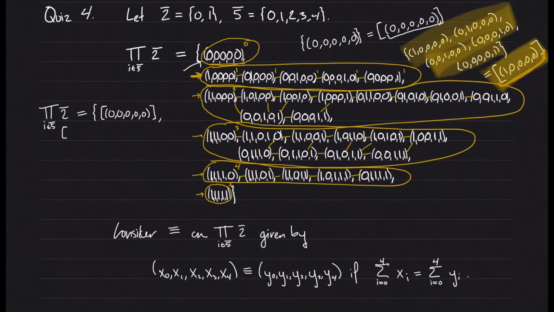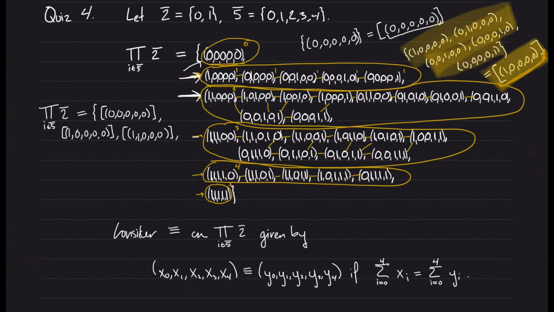Then the second one will give us this equivalence class here. And the third one is going to give us this equivalence class, so I can pick any guy in this equivalence class to put in brackets here, but I'm just going to pick the first one.